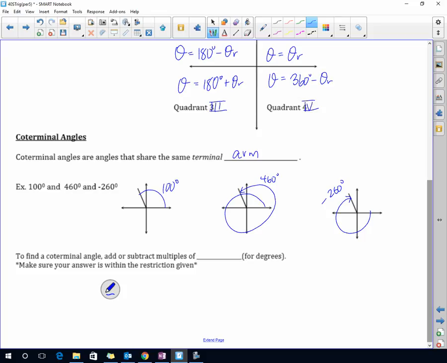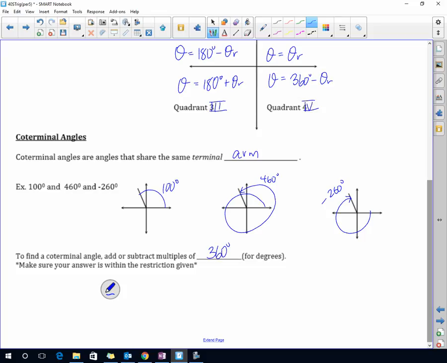Well, to find a coterminal angle, we are going to add and subtract multiples of 360. What did I do to get from 100 to 460? We added 360. What did I do to get from 100 to negative 260 degrees? I subtracted 360.